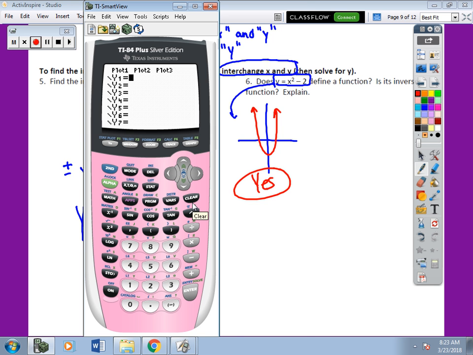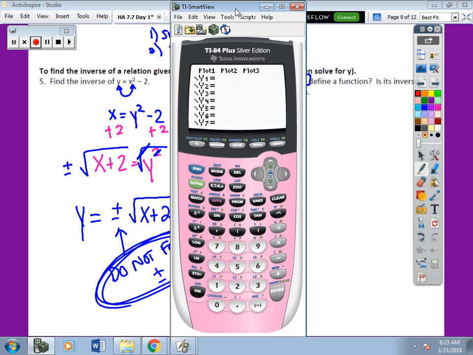Now, you cannot put in a plus or a minus, so we're actually going to have to do one positive and one negative. Okay, so a y1 and a y2. So we'll have the square root of x plus 2 in y1, and then we'll have negative the square root of x plus 2. And go ahead and press zoom 6, which is zoom standard.